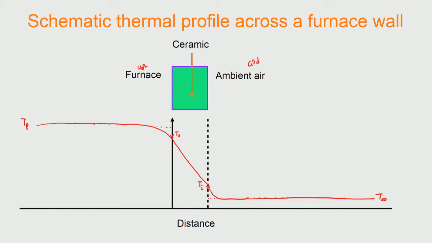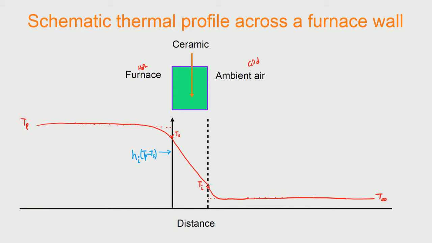So, you could see that what it implies is that the heat flux going in here is given by the heat transfer coefficient for the inner wall, into Tp minus Ts, into the area, and the area we are assuming to be constant.